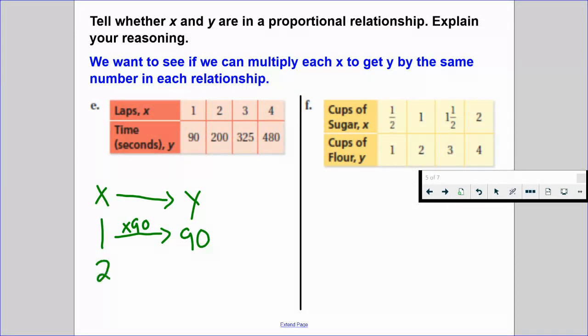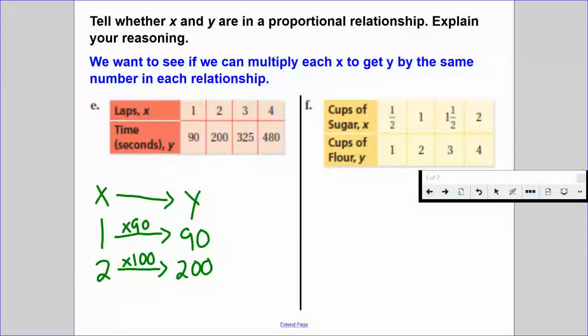That means I should be able to do 2 times 90 to get my y value. But look, the y value for the second lap was 200 seconds. I have to multiply 2 by 100 to get 200. That doesn't show a proportional relationship because we're multiplying by a different factor from our x to our y.